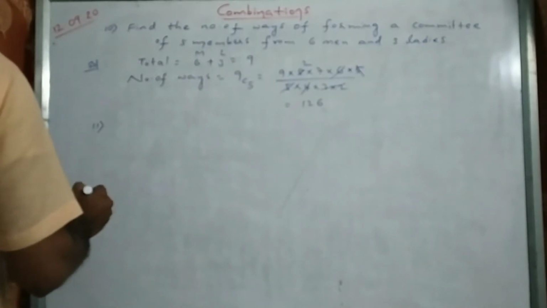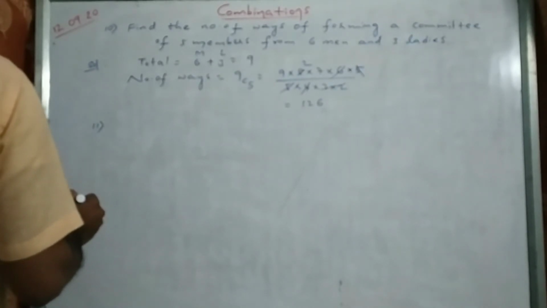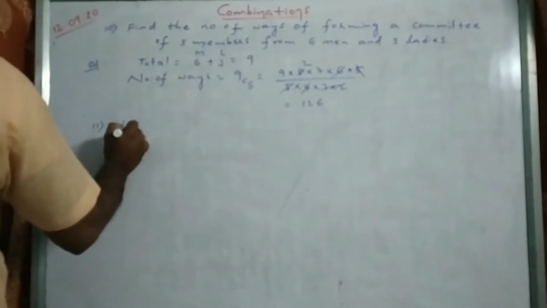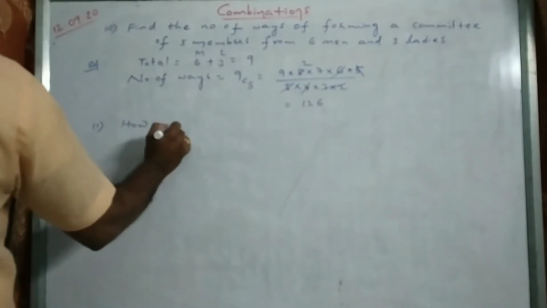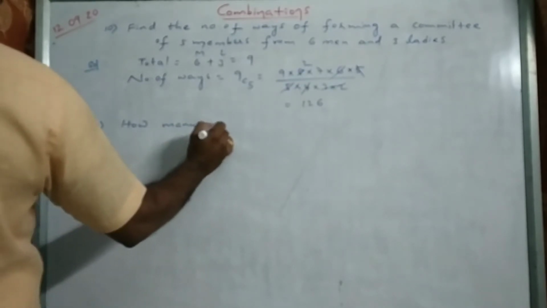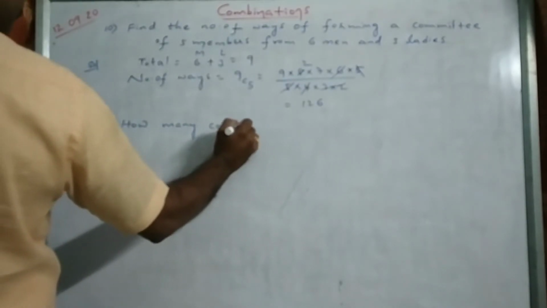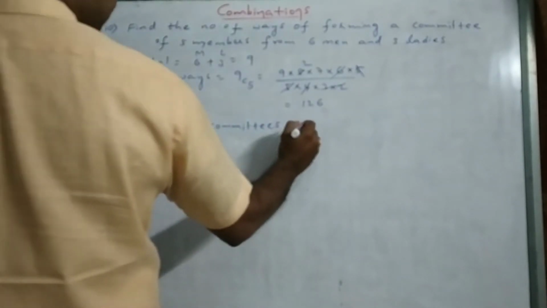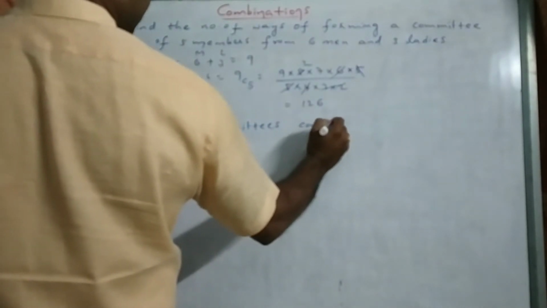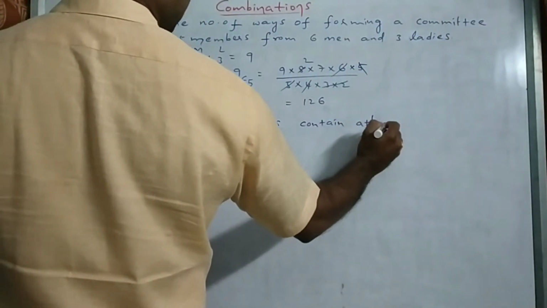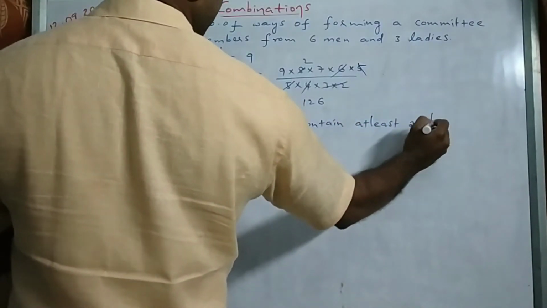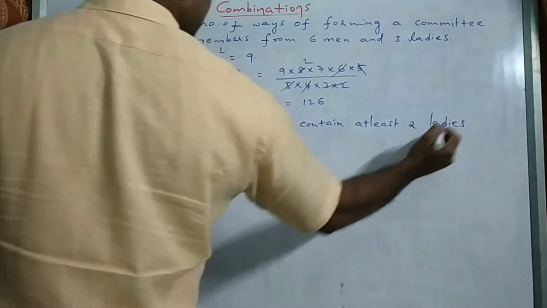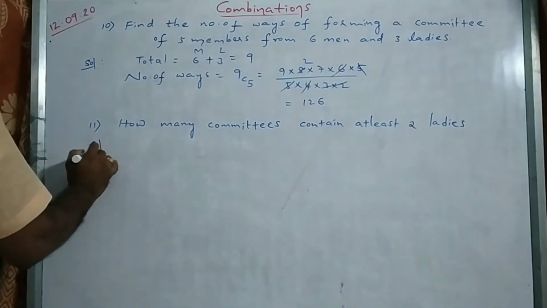If the same question is forming a committee, how many committees contain at least 2 ladies? In how many ways can we select?